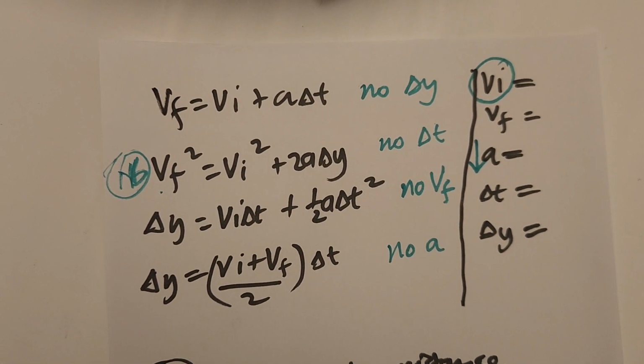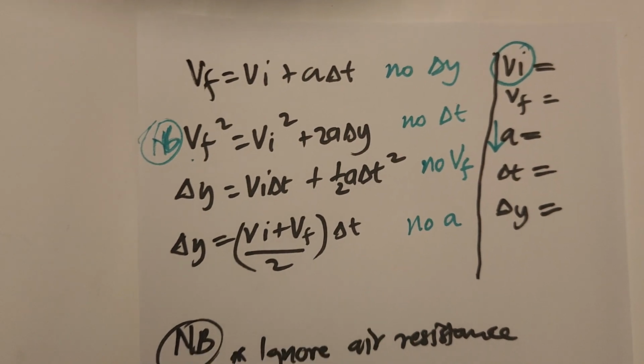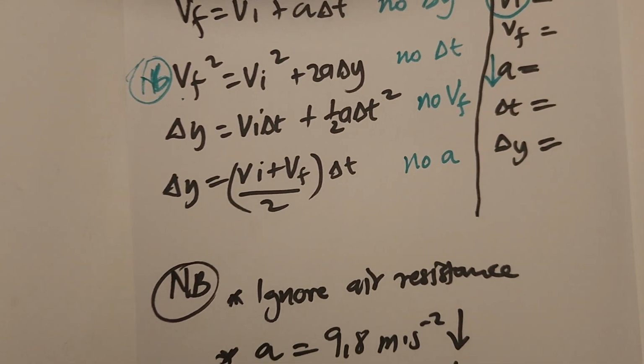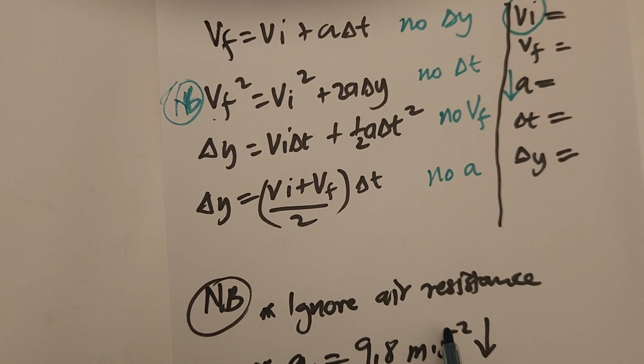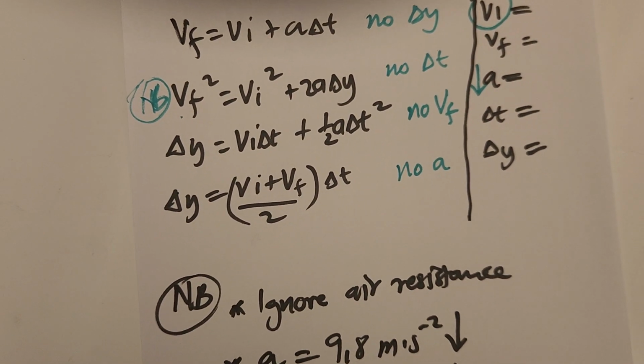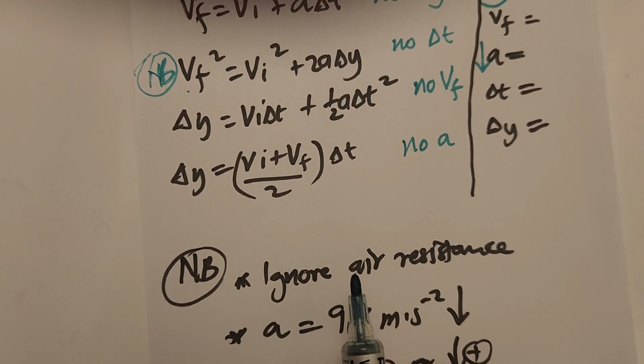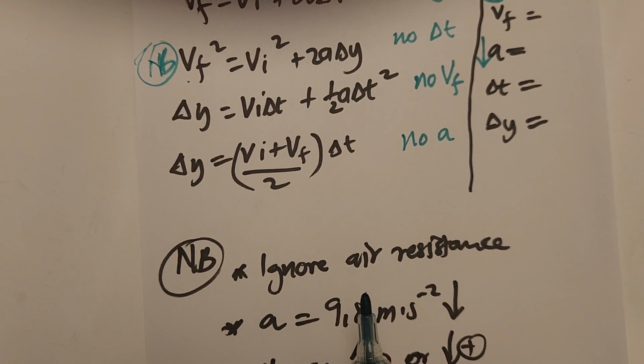Therefore, what you should know in projectiles before we go to the scenarios of projectiles, we say at all times ignore air resistance. Especially in grade 12, all questions will tell you that air resistance is ignored.